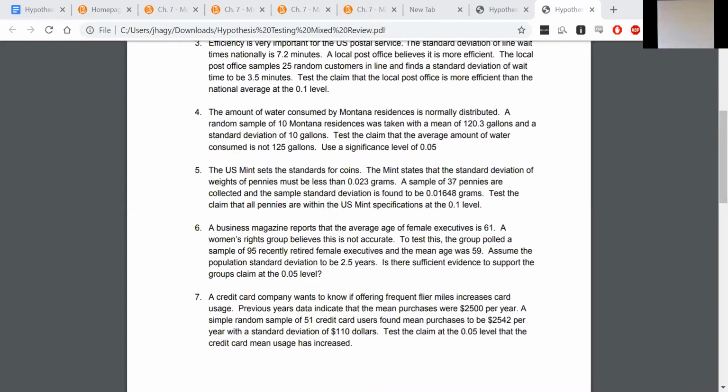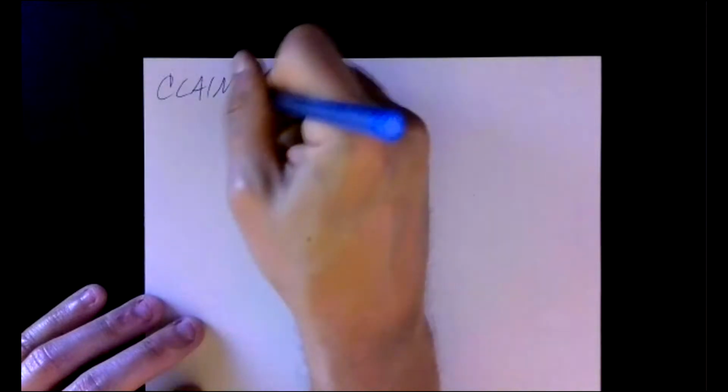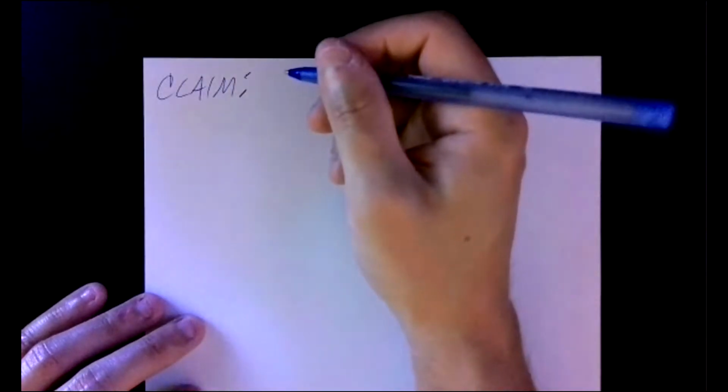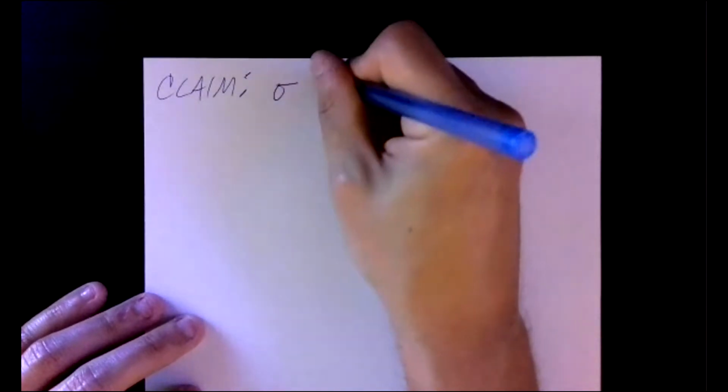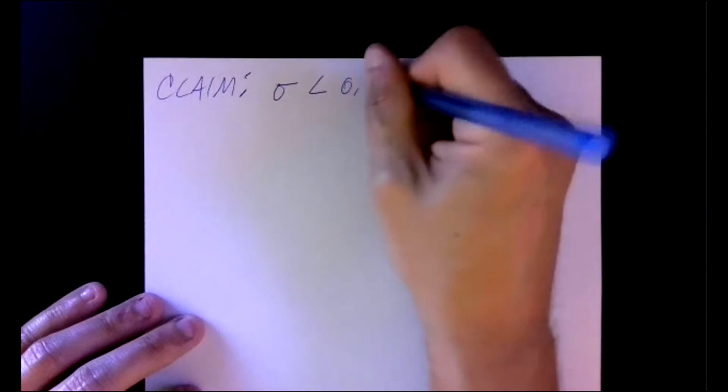Okay. Clearly, we're talking about standard deviation in this problem. State the claim. We're claiming that it is within the standard. So we're claiming the standard deviation is less than 0.023 grams.